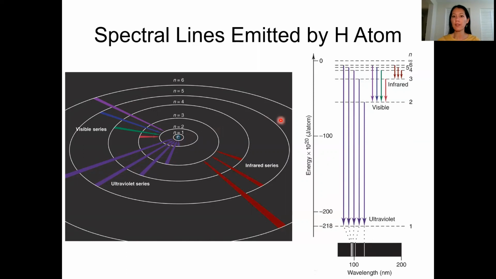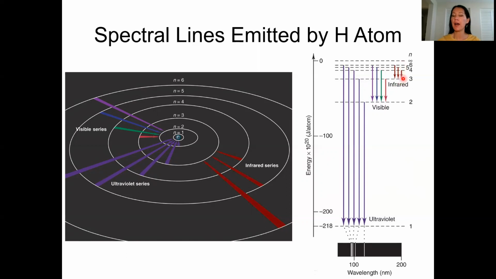So if you translate this here, we have an energy diagram here on the right. And let's say I'm at a high level, say 4 or 5 or 6, and I release all the way down to the ground state, n equals 1, you can see how much energy is released. If I'm only going to n equals 2, I release less, but that's the range that's visible to us as color.